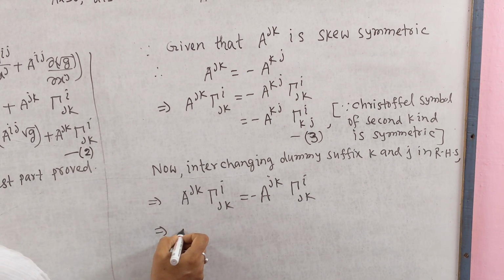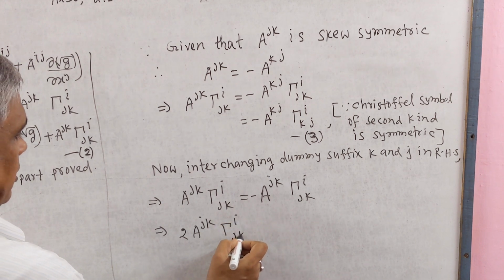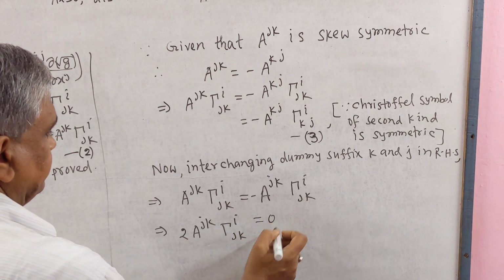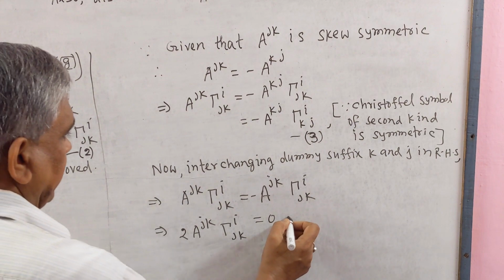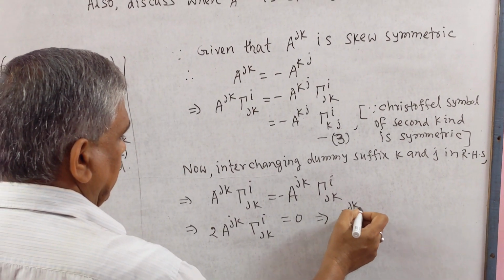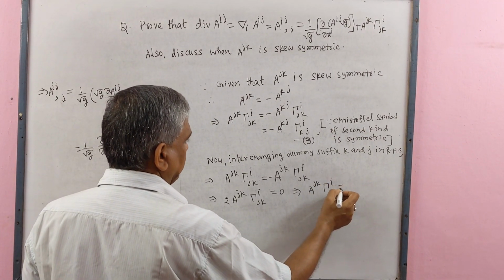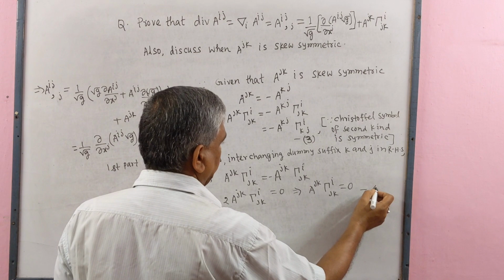This implies that 2 A^jk, Christoffel symbol of the second kind, equals 0, which implies that A^jk {i, jk} equals 0. This is number 4.